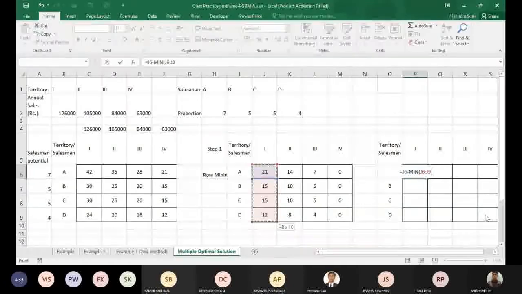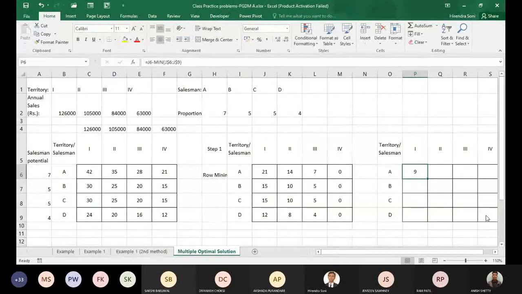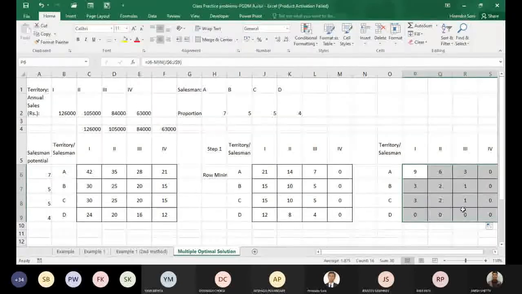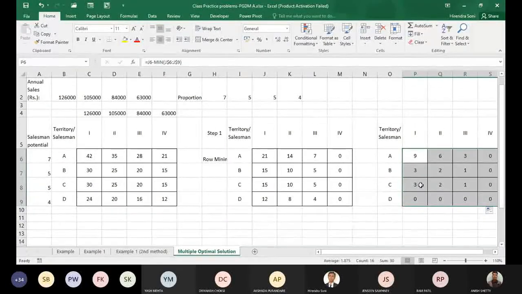Now the rows have to be freezed. Fine. So we have got zeros here. Then we started with reduction.